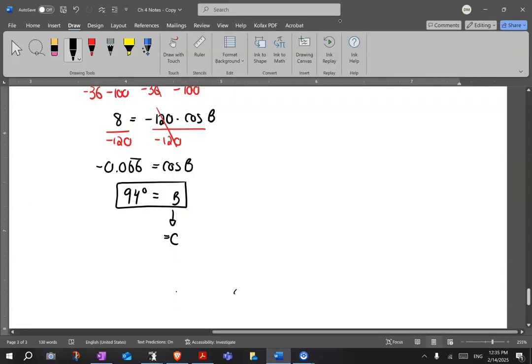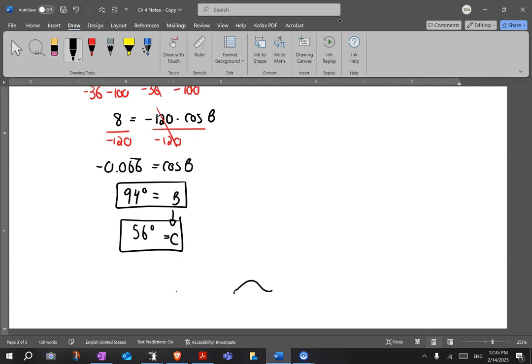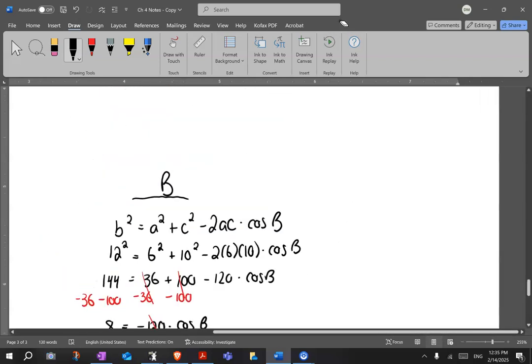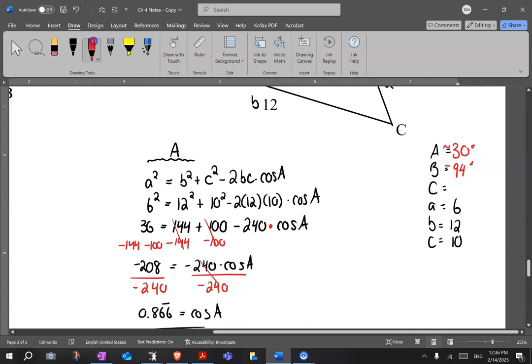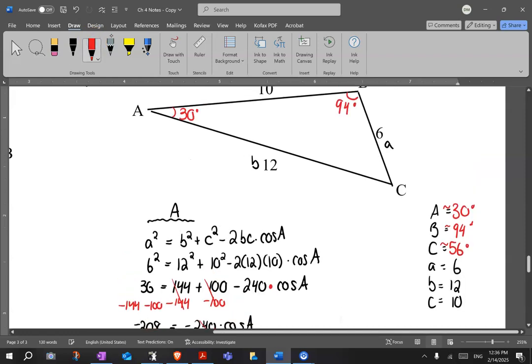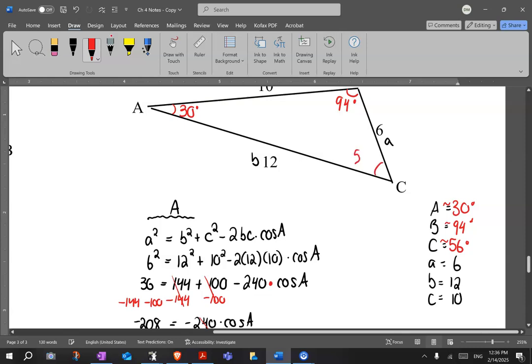So 56 degrees is my C. I'm going to write that down. 56 approximately. And then we have it, all the sides and angles.